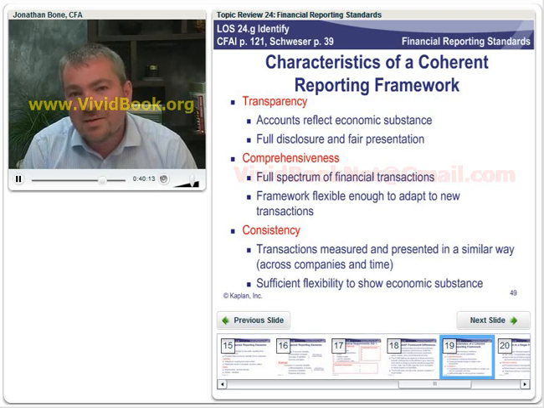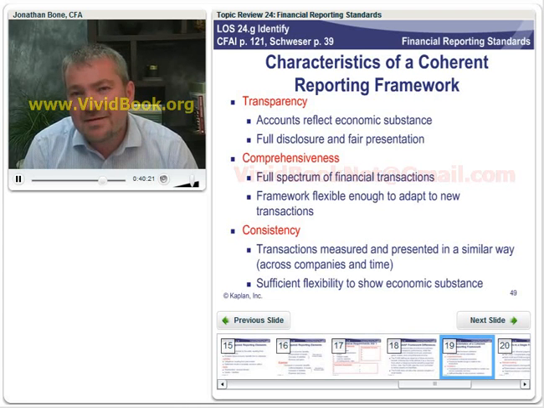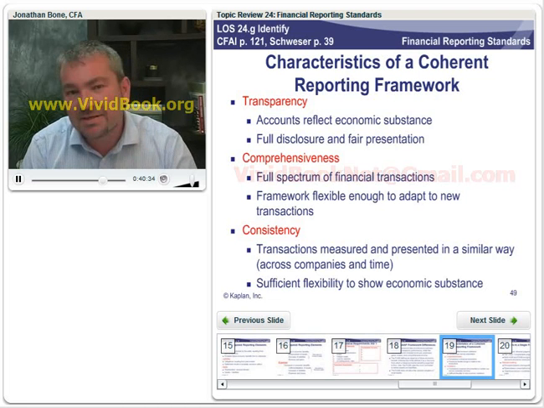Now notice that second bullet point says this framework needs to be flexible enough to adapt to new transactions. So what this means is, even if there wasn't an accounting standard covering this transaction, by applying the principles and concepts from the financial framework, we should end up reporting the materiality and the economic substance of the transaction.